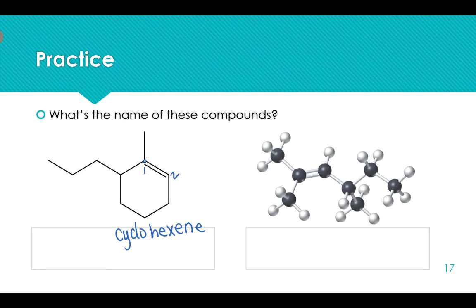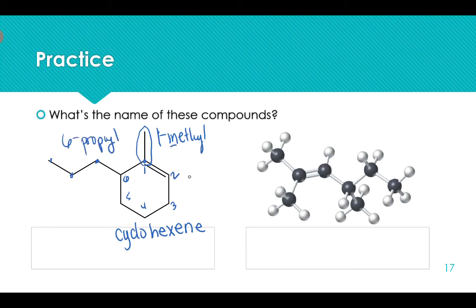And that's preferred because that's going to lower the substituent number of that methyl. And so that's going to be 1-methyl. All right, and now I'm going to number around. So that's 1-methyl, 2, 3, 4, 5, 6. This is a propyl. So it's a 6-propyl.